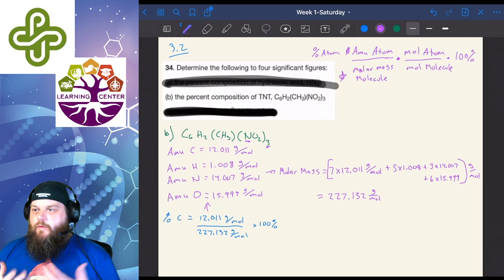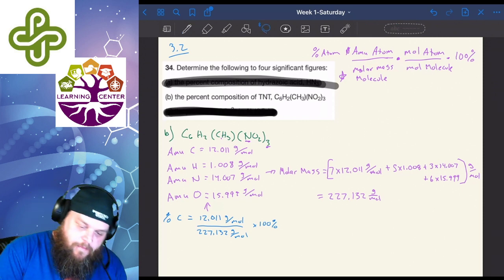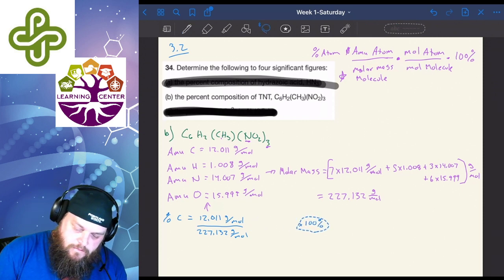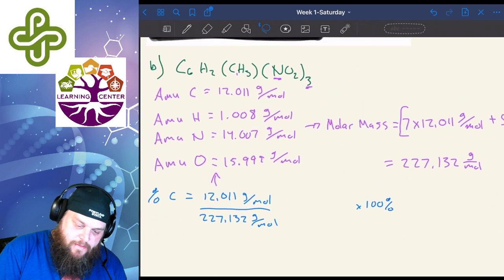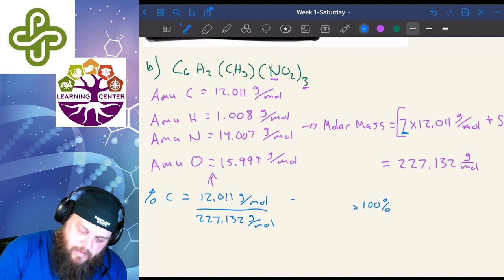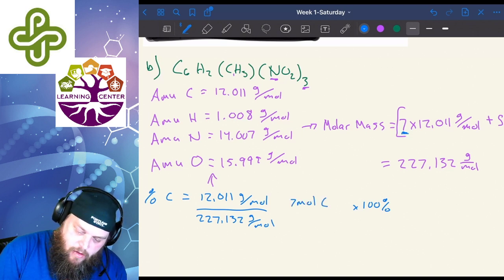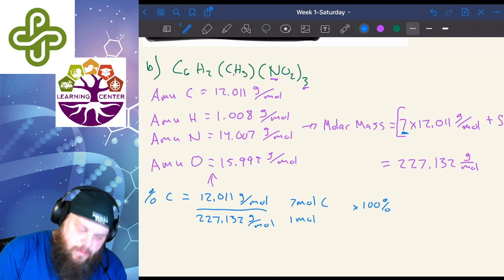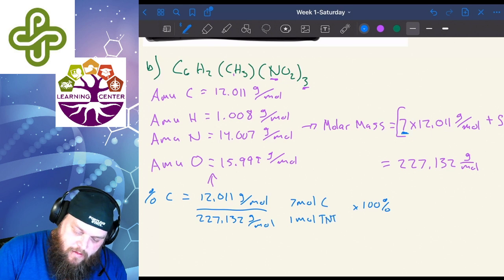That mole to mole ratio again comes into play. In this case, we said a 7 to 1 for carbon, so that's 7 moles of carbon per 1 mole of TNT. That's a short word for it.